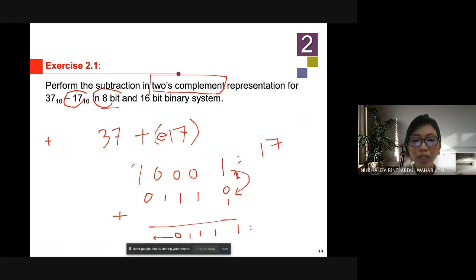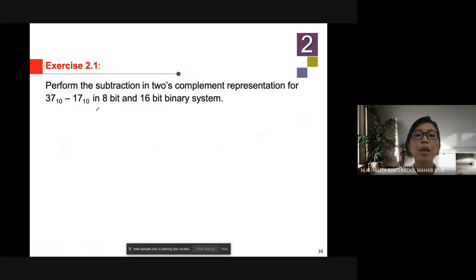So try to do it, but then you're going to add this 37, which is positive, adding your negative 17 second complement. So try to check what is the difference between 8-bit and 16-bit for this one. So after you are done with this, maybe you can WhatsApp me showing your answer. Is it correct or not, doctor?